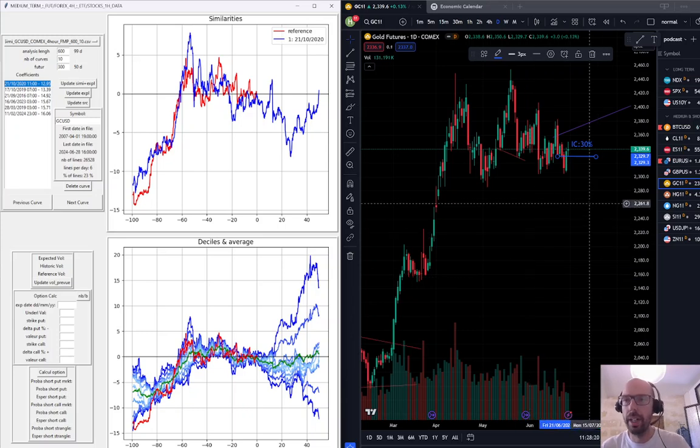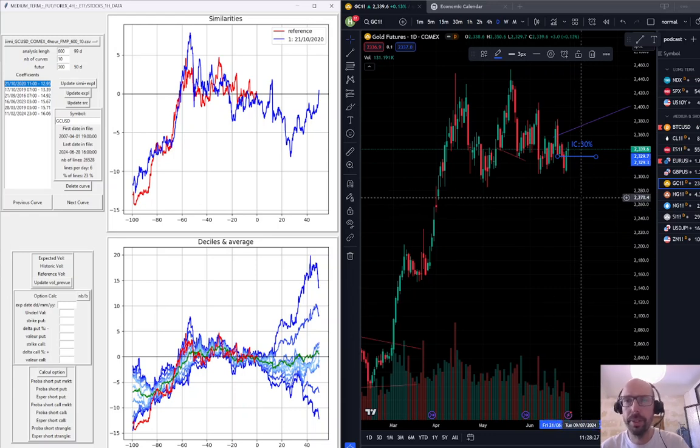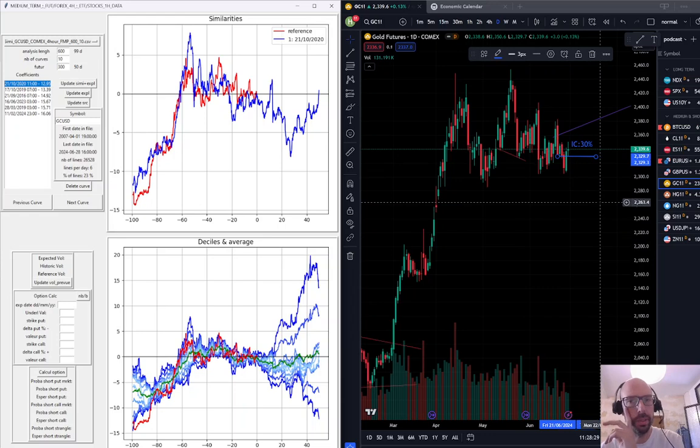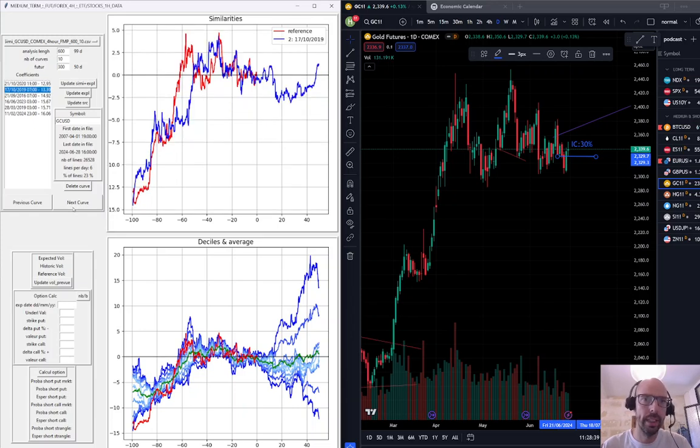Okay, on gold, I was expecting no movement last week, and we had nearly no movement, so the prediction is okay. Right now we have an analysis that is much more blurry, much more diverse, with a cone of probability here that is very wide.